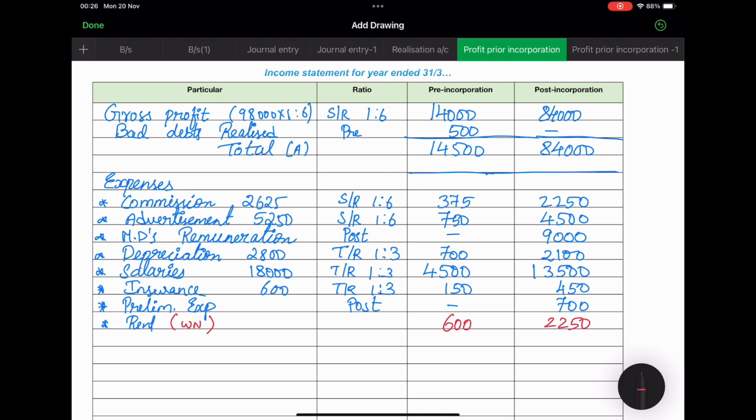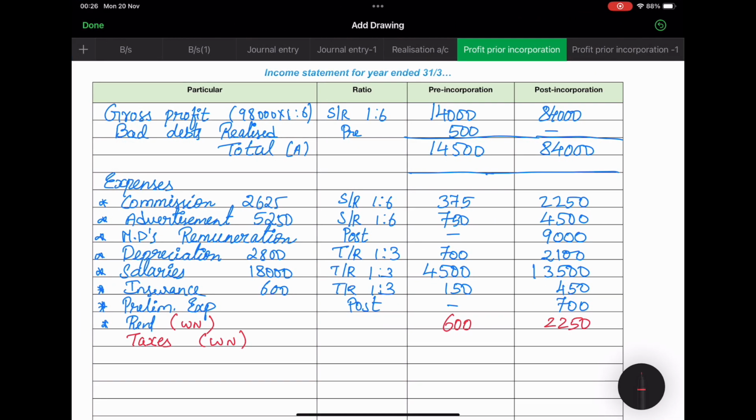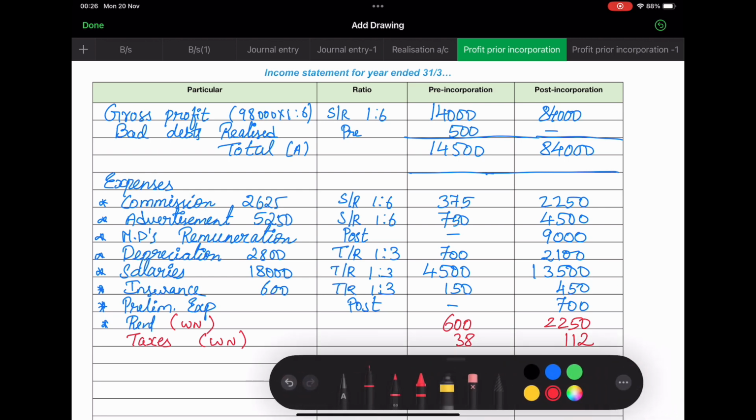Next, taxes. This is also working note. So how much we are having? 38 and 112. So 38 and 112 is the value. Next, we are having discount.